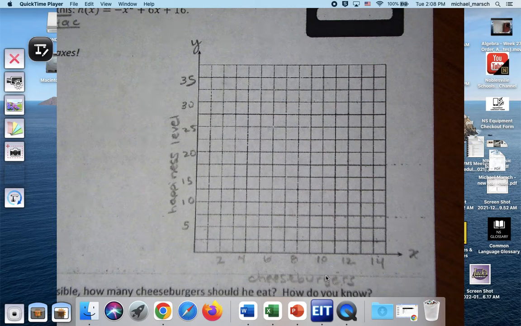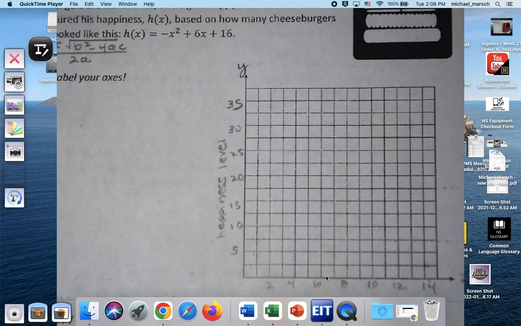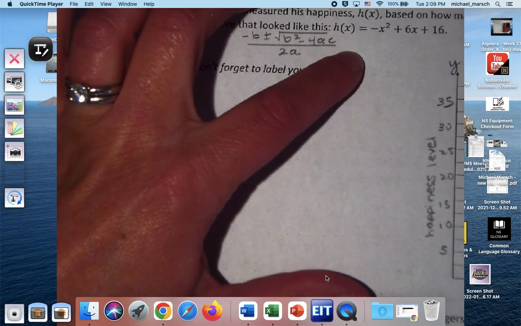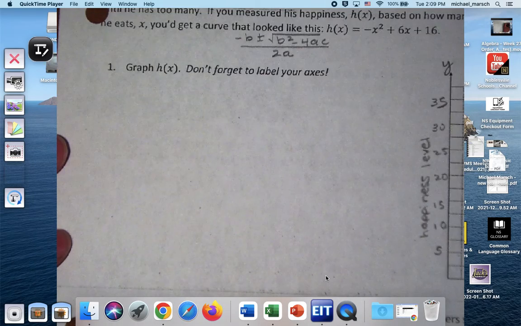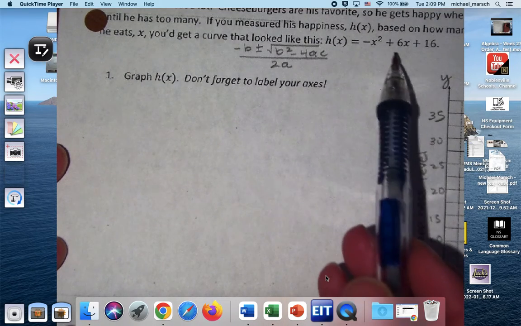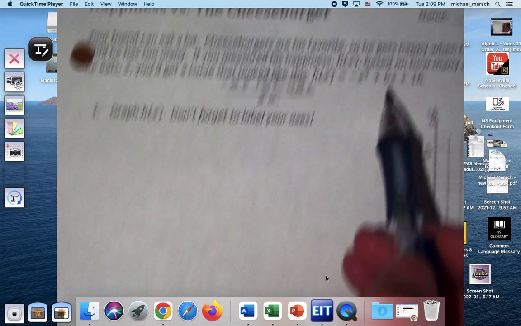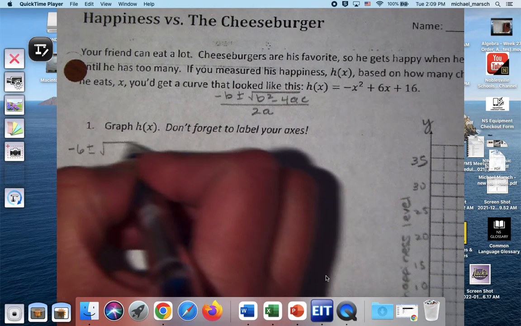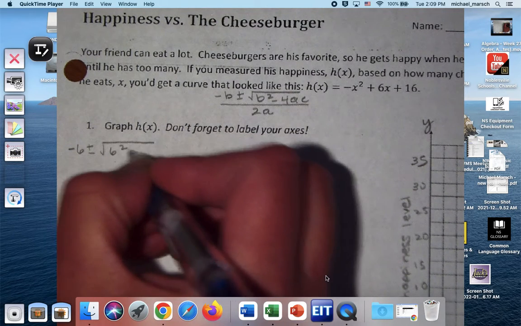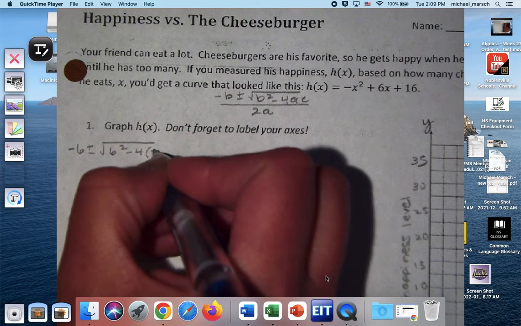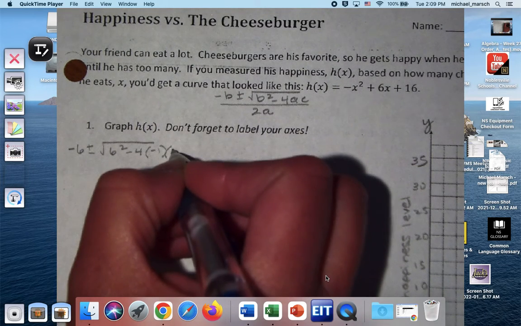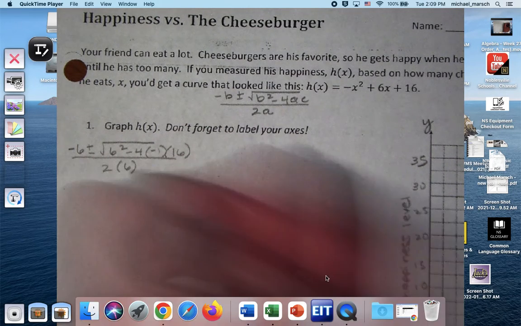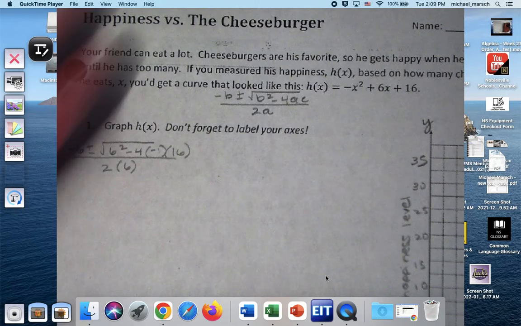So now we're going to use the quadratic formula over here on this side to figure out what our x-intercepts are. And then over here we'll use this space to find out the vertex values. So for the quadratic formula, opposite of b is going to be -6 plus or minus the square root of 6 squared minus 4 times -1 times 16, divided by 2 times -1.